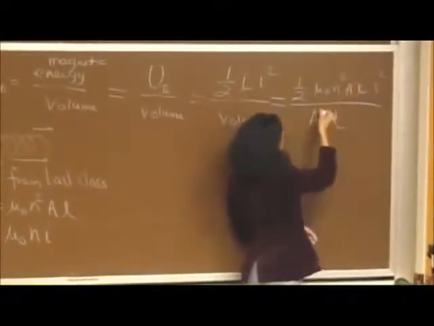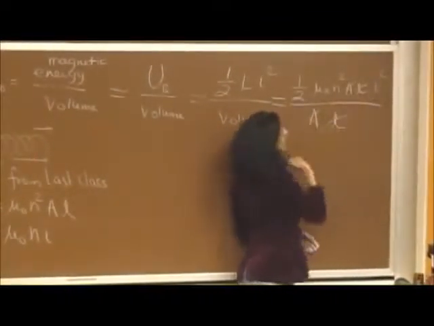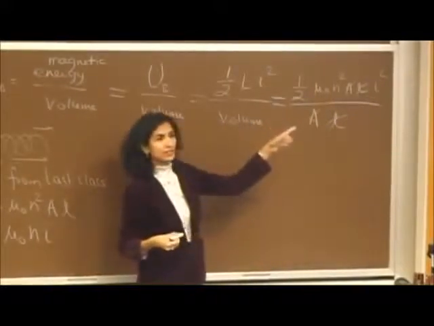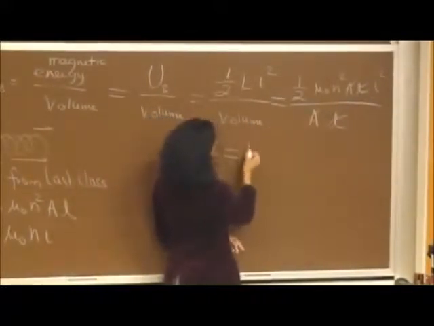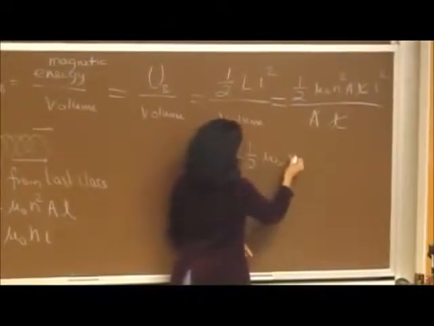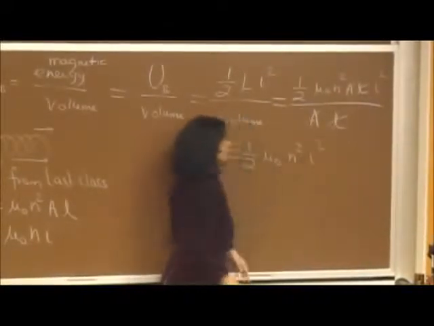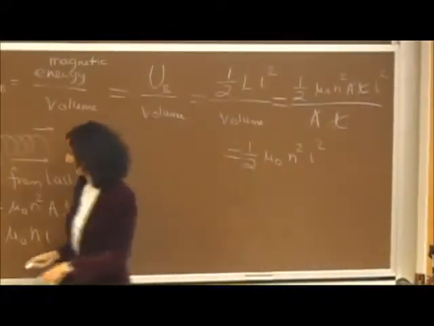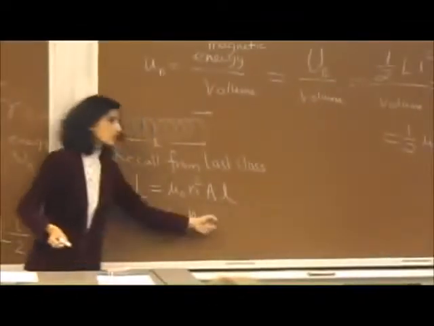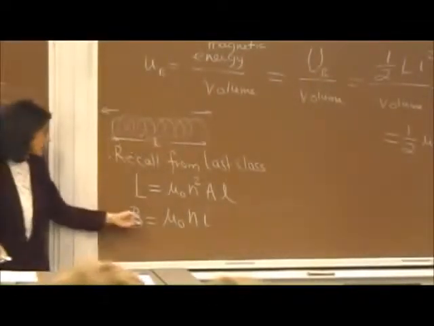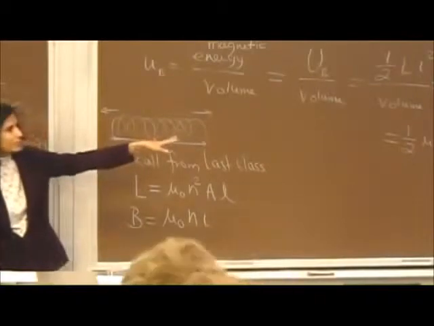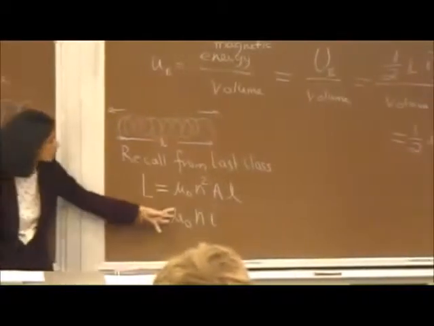Notice that area gets cancelled with area, length gets cancelled with length. Hey, what are we left with there? Do you see that we are left with this thing, half mu 0 n square I square. I want to put it in a form where I can pull out this B, because your friend has already told us that it should depend upon B square, and you can already see the trend there, that it's looking like B square.